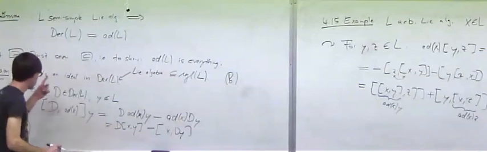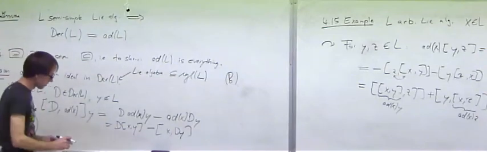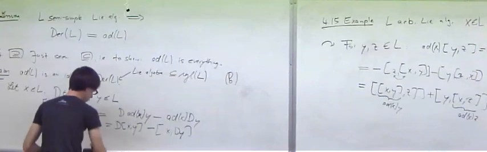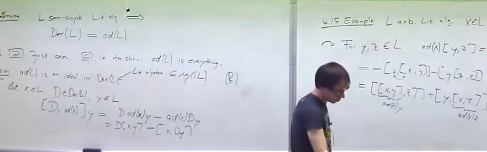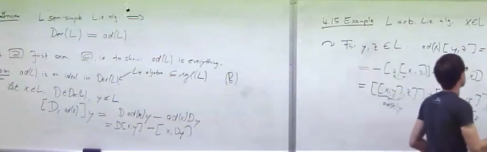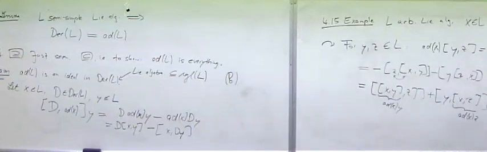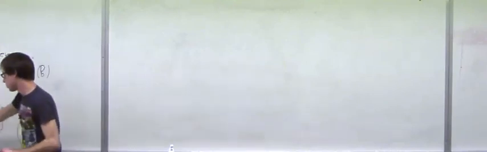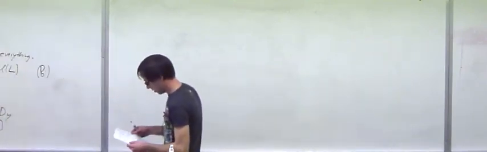So I know that D is a derivation. Let's continue over there. I know D is a derivation, so I just use the rule here for the first summand.